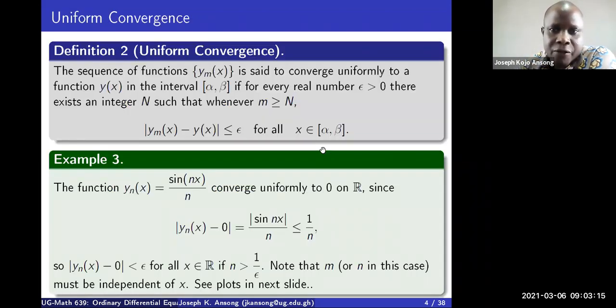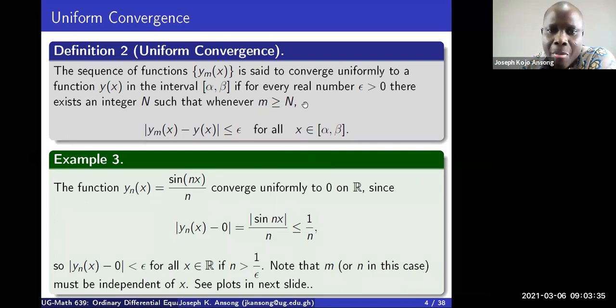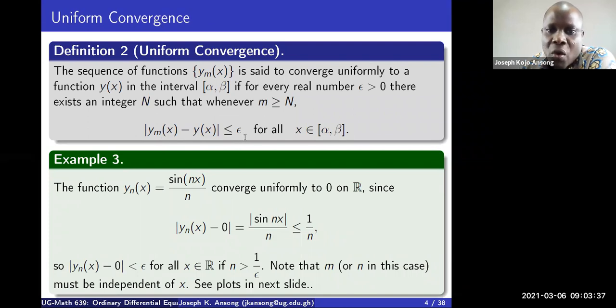Okay. So here's a definition for uniform convergence. I'm sure you've seen this before. The sequence of functions y_m of x is said to converge uniformly to a function y of x in the interval alpha beta if for every real number epsilon greater than 0 there exists an integer N such that whenever m is greater or equal to N, then this holds for all x in the interval.